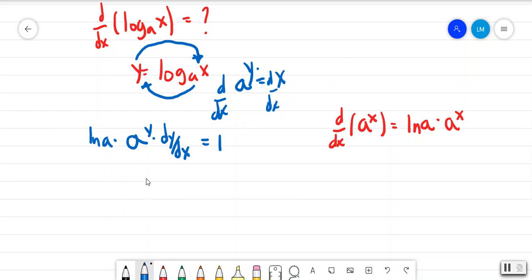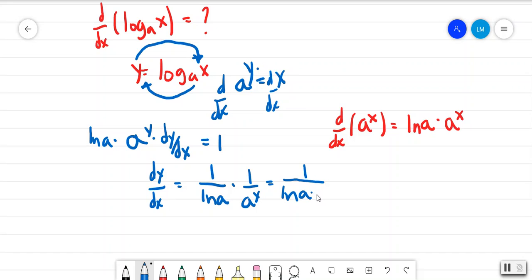So we'll rewrite this as dy dx is equal to 1 divided by ln of a multiplied by 1 over a to the y. But a to the y is equal to x. So that's going to be 1 divided by the natural log of a multiplied by x. So we actually have our formula as it relates to derivatives of logarithmic functions.